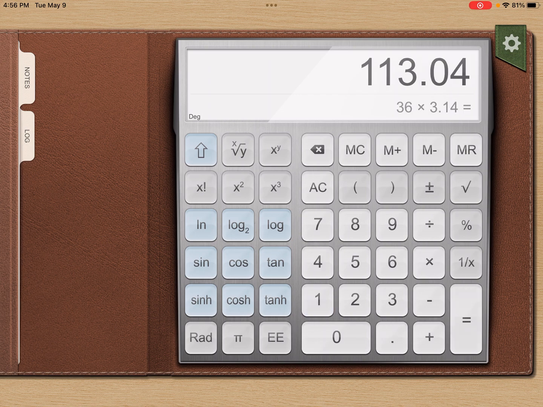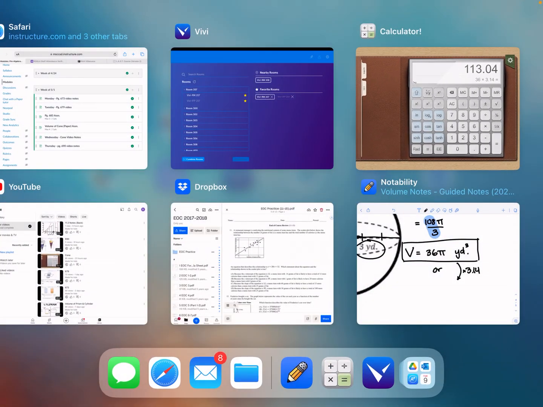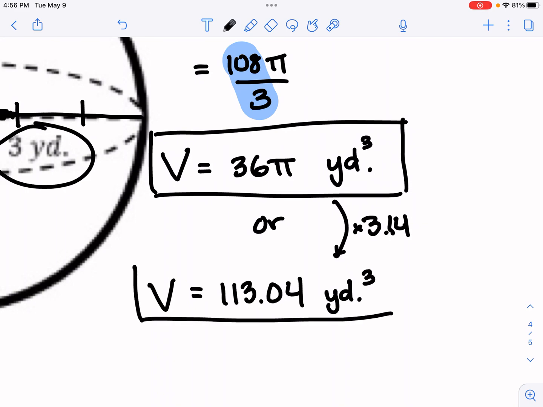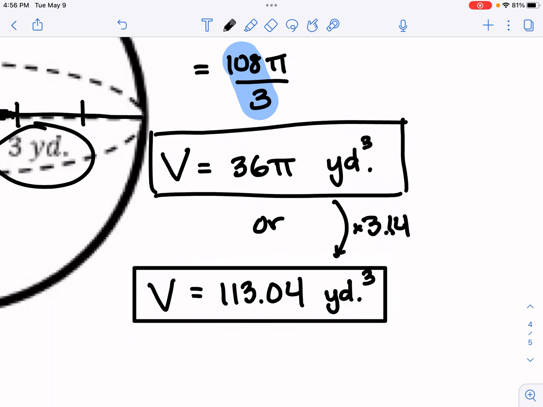This is 113.04. So final answer: 113.04 cubic yards again. The only thing is that we multiply with pi.